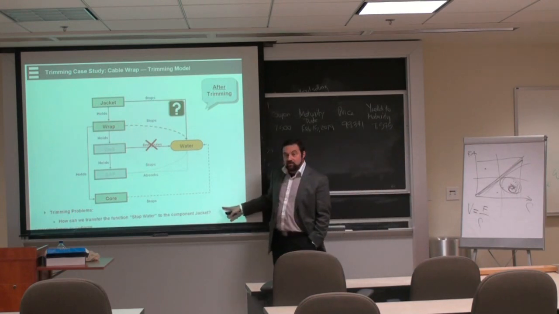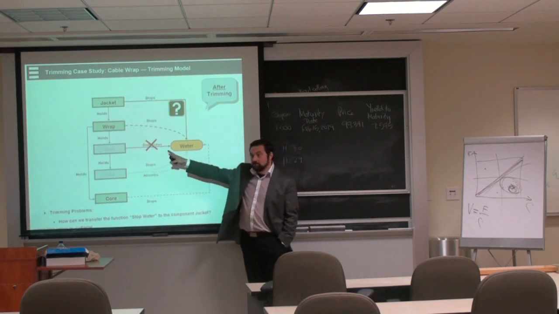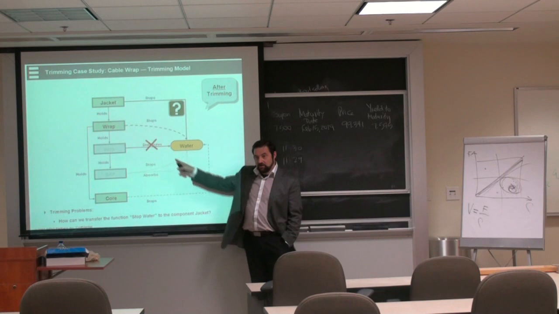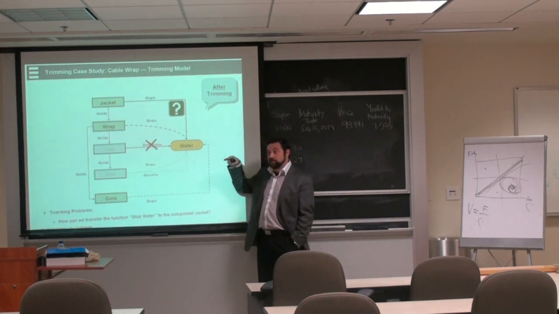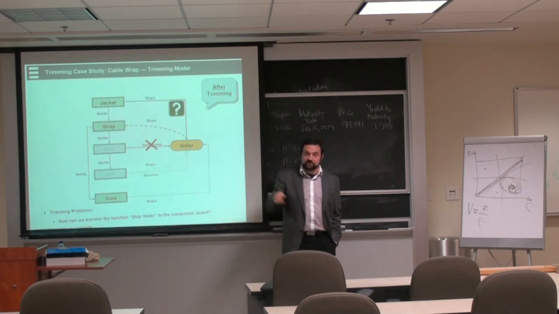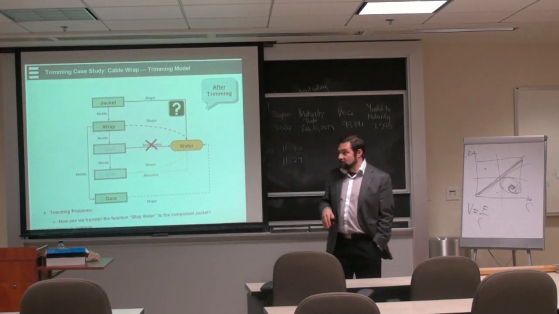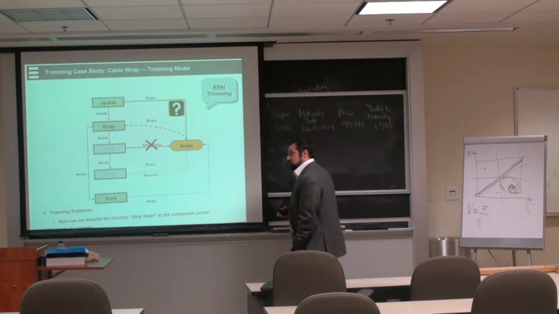So this is the essence of trimming, halfway, right? We eliminate some components, but we keep their function, and we ask ourselves to create a new problem, how to do this. And usually you have a number of trimming scenarios. You can go deeper, you could go more shallow, create a different set of problems.